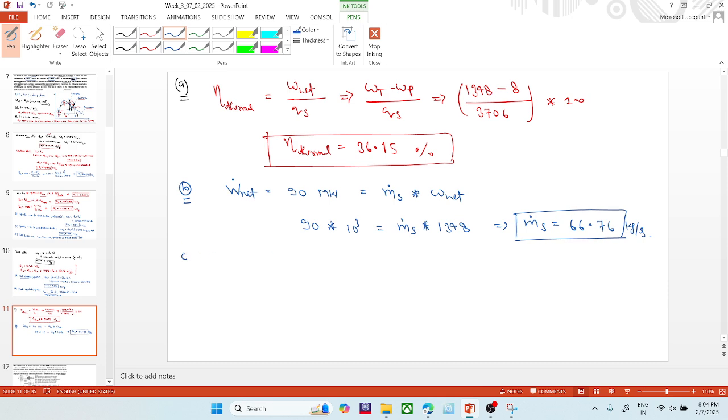In part C, what have they asked? They have asked the total heat supply rate. So it would be the multiplication of steam mass flow rate into specific heat supplied.